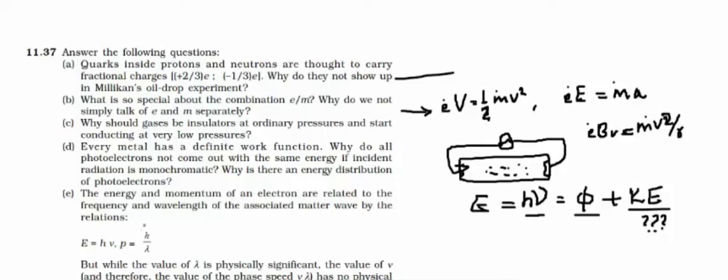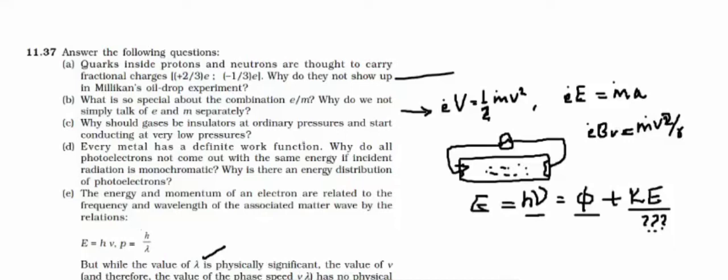Now, part E: the energy and momentum of an electron are related to the frequency. Equations are given. While the value of lambda is significant, here the nu is not significant. So what's the reason?